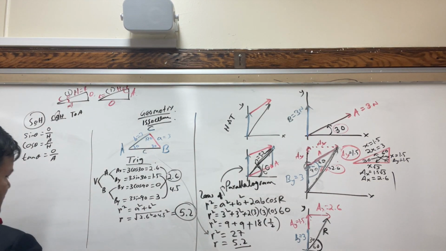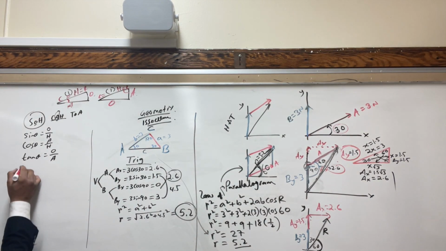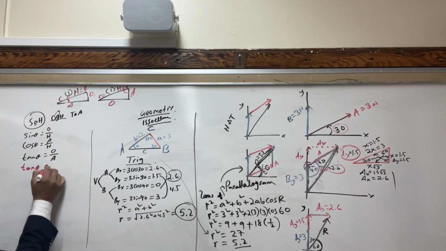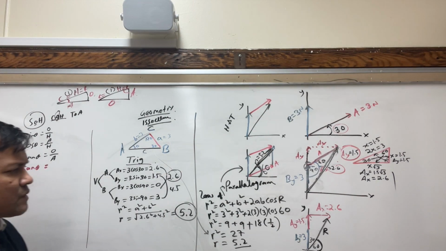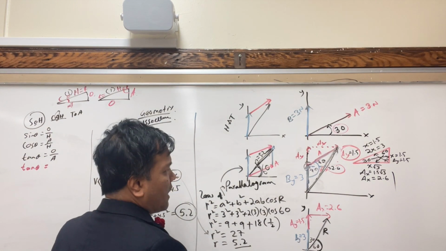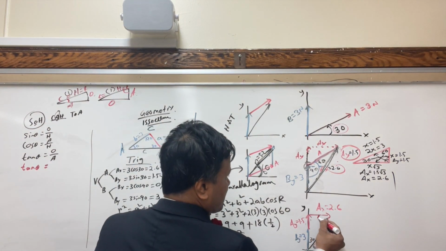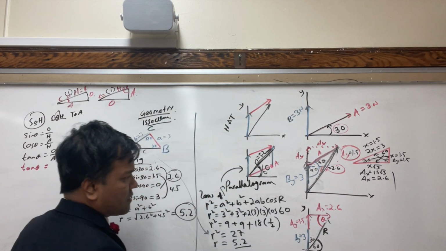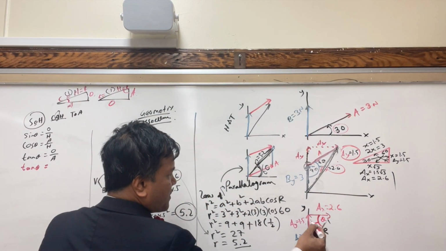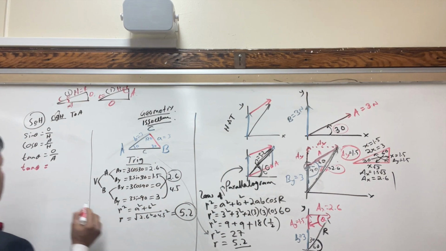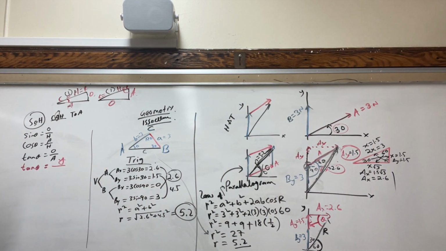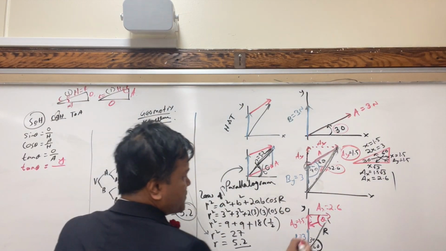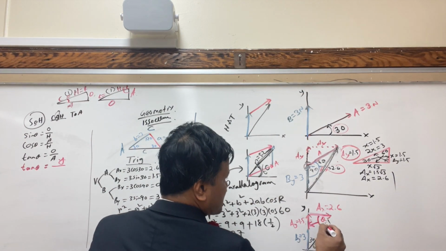Alright, now we're going to use the tangent to find theta, opposite over adjacent. Let's see, our angle is this one. We want to find this angle, theta. If we look at it this way, this is opposite. Opposite is often called y. And the adjacent is this one because this is close to theta.